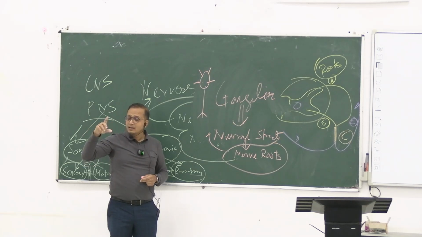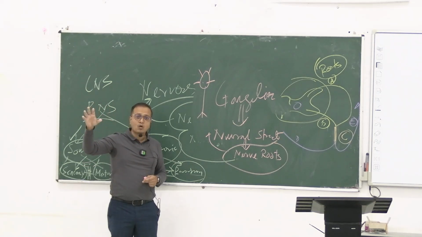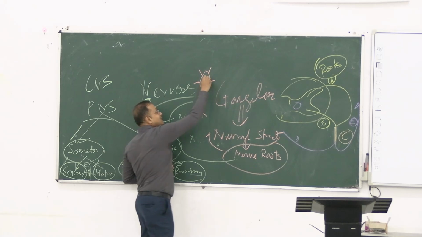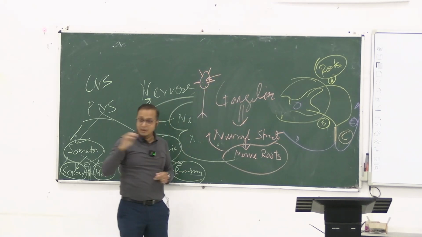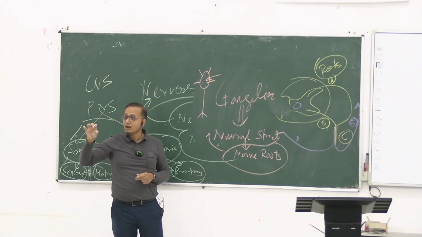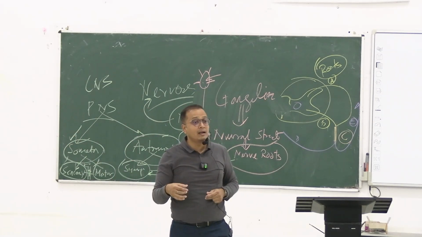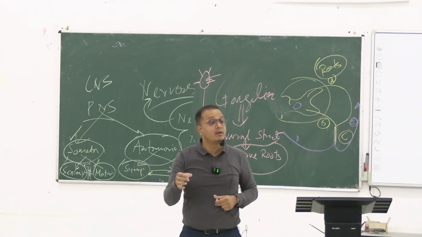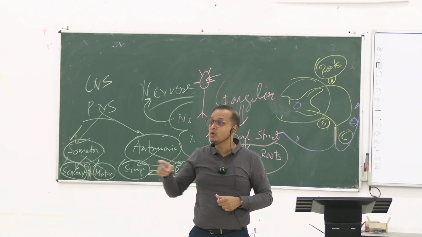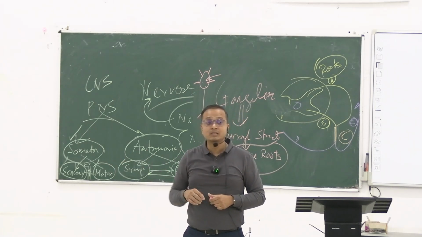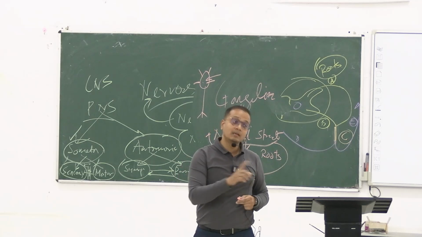Other than the brain and the spinal cord, if you have neuronal cell bodies collected somewhere, we call them ganglions. So ganglions are collections of neuronal cell bodies outside the central nervous system. If located in the peripheral nervous system, we call them peripheral ganglion. If present in the central nervous system, we call them central ganglion.